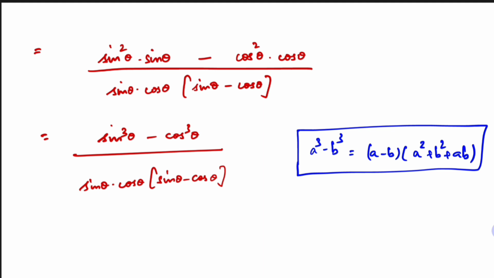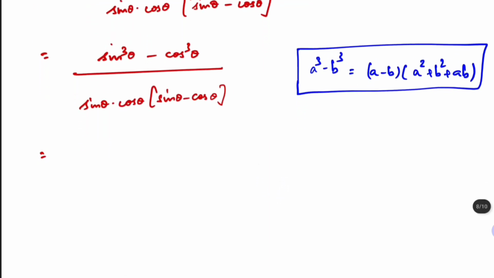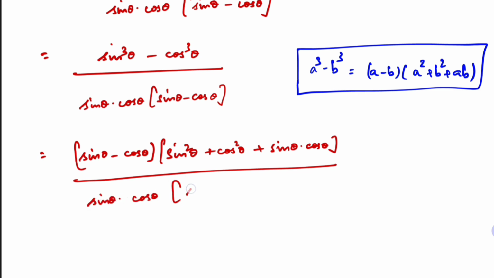Now substituting that in our question, we get sin cube theta minus cos cube theta as sin theta minus cos theta into sin square theta plus cos square theta plus sin theta into cos theta divided by sin theta cos theta into sin theta minus cos theta.